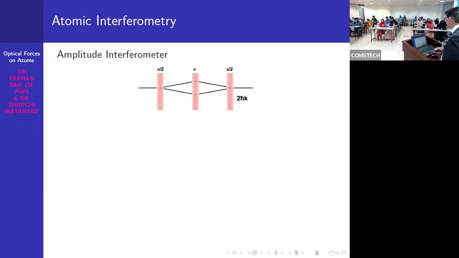Pi is only the time of interaction, and pi by 2 is half of that particular time. So this helps us make a diffraction grating based interferometer. It's named the Mach-Zehnder interferometer.